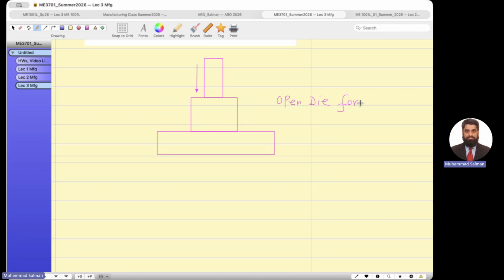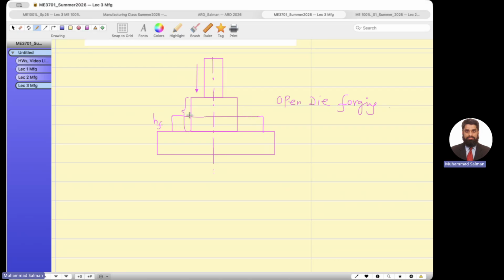There are two types of forging: open die forging. Keep in mind this one thing I want to allude to. The center line is very important because the material, after you hit it very hard, changes its dimensions. The final height is smaller than the initial height.